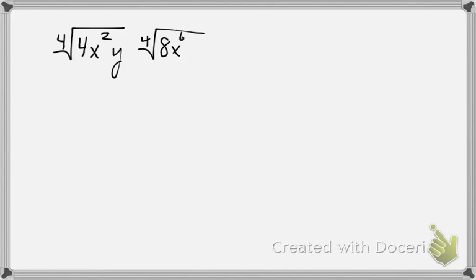Let's say we take the fourth root of 4x squared y times the fourth root of 8x to the 6th y cubed.